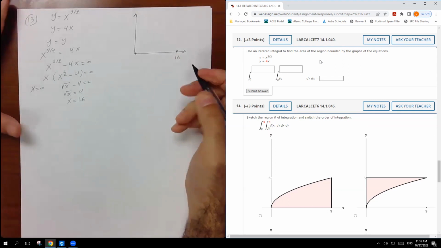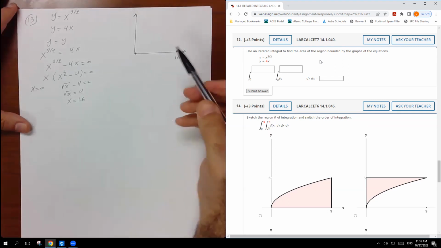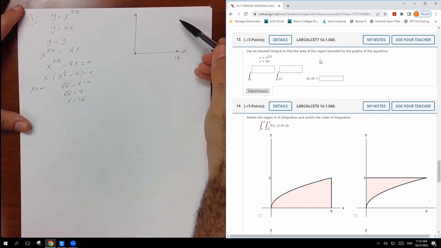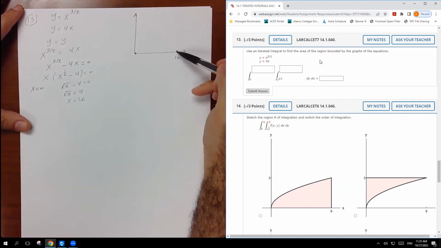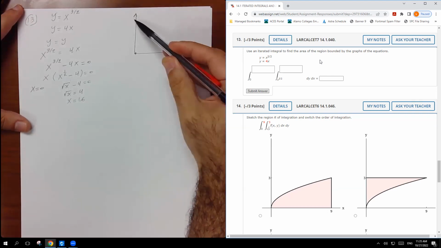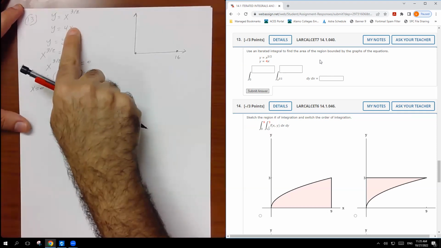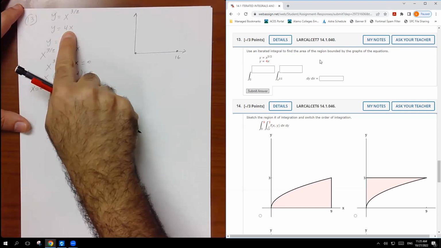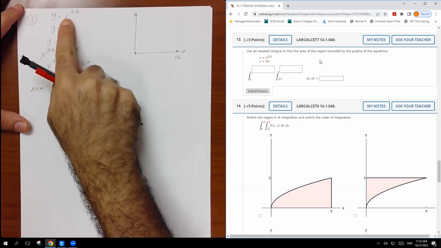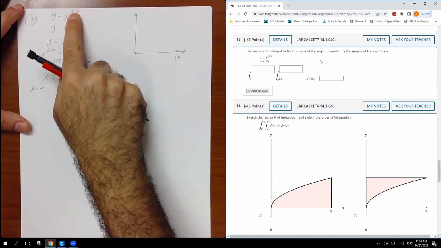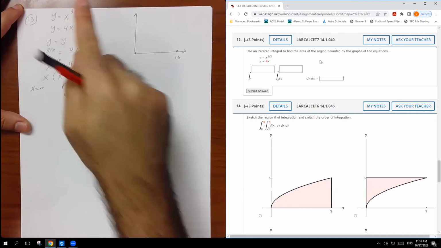Now let's check. We need to find the y. That means the first graph, we're going to meet at a certain point here with x equals 16. But how much is y? If you plug in 16 here, 4 times 16 is going to be 64. 16 to the 3 over 2 also is going to be 64.